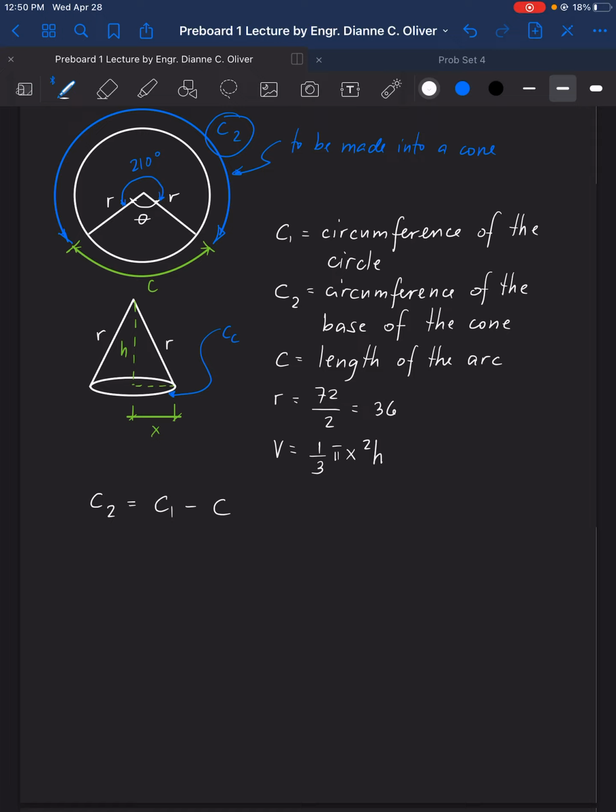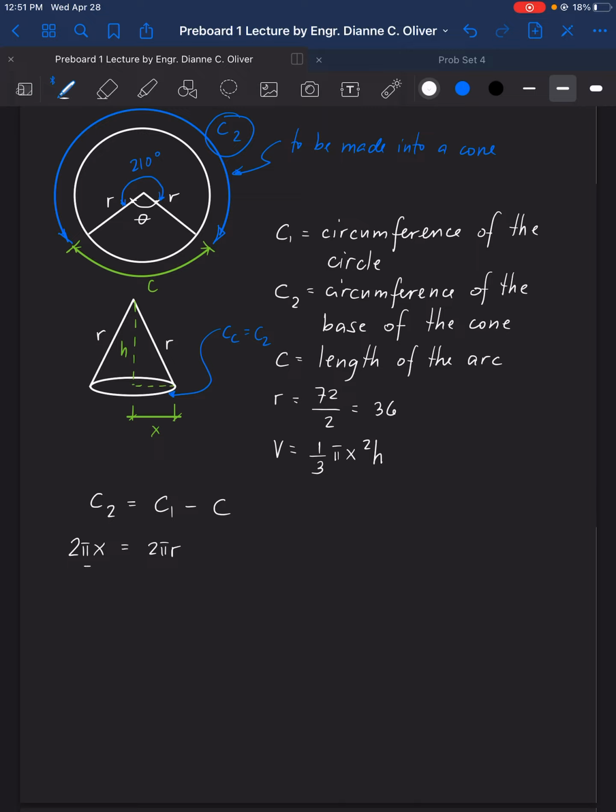C2 is the circumference of the base of the cone, so let's have it as 2 pi x, because the radius of the base here is x. 2 pi x is equal to C1, the circumference of the circle, so that is 2 pi r.